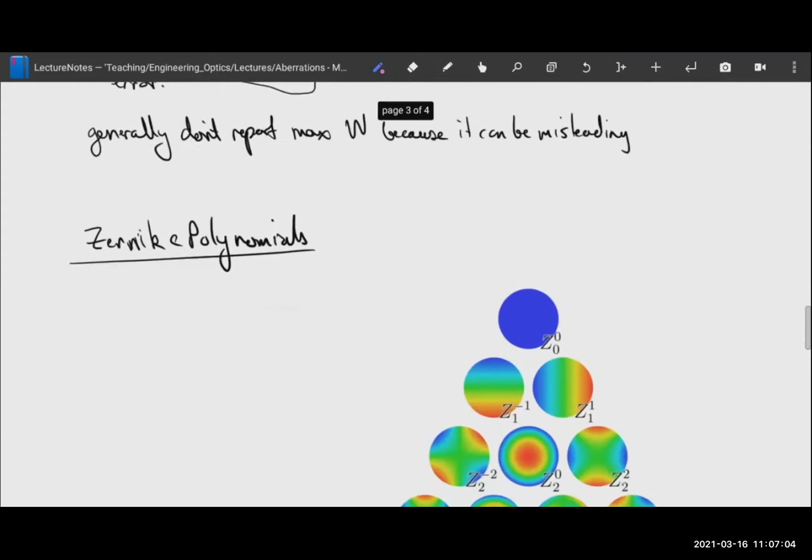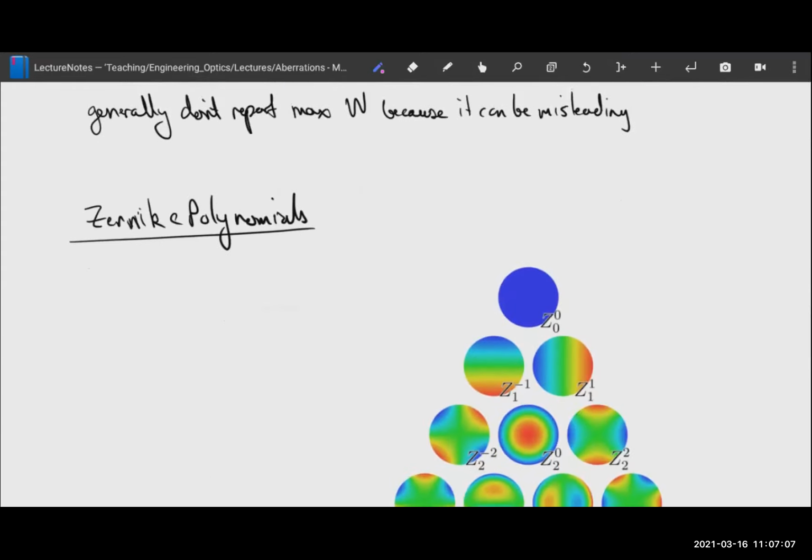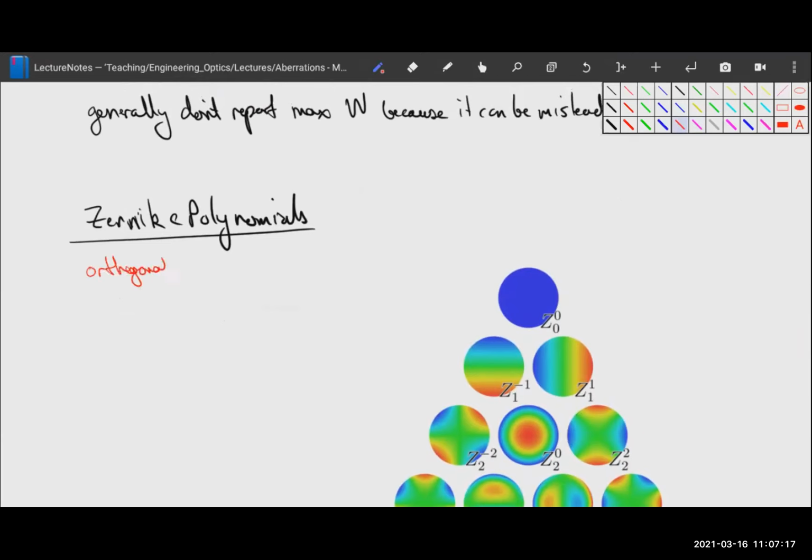The other thing you'll find out is that a lot of people talk about wavefront error in terms of Zernike polynomials, and that's because these are orthogonal polynomials. Remember, orthogonal is really useful because the whole reason Fourier series works is because each sine and cosine is orthogonal to each other, which means we can add them together without having redundancy, right?